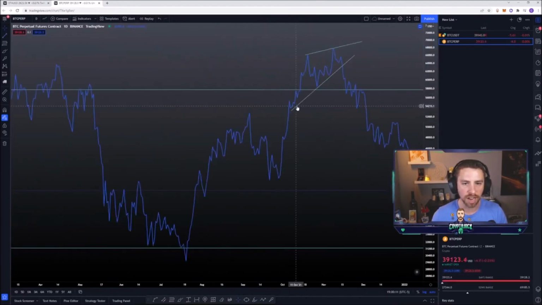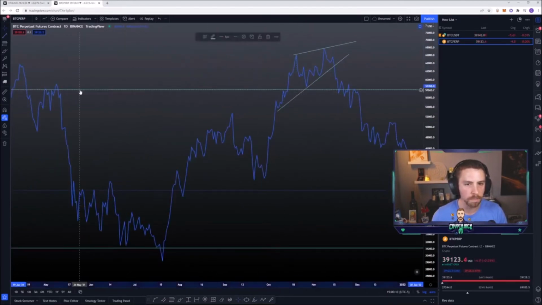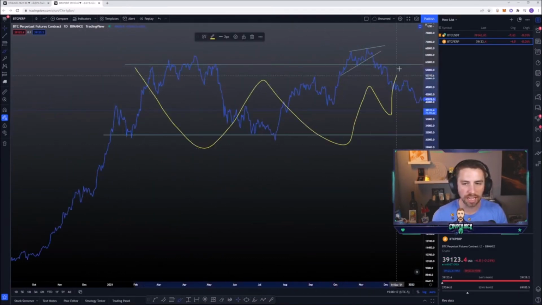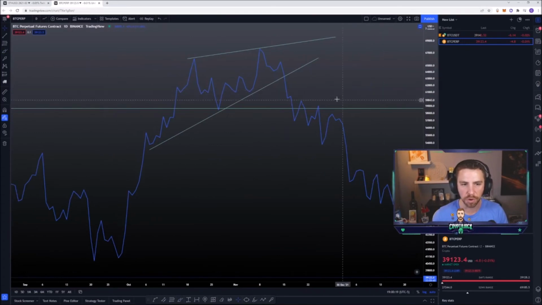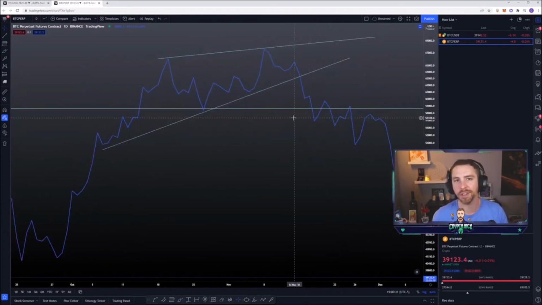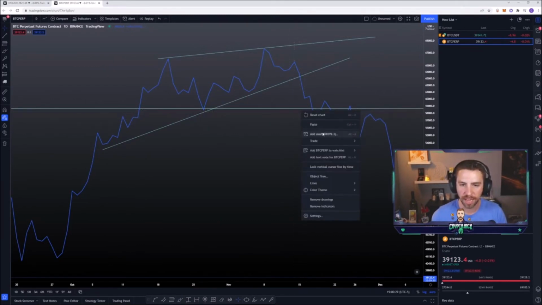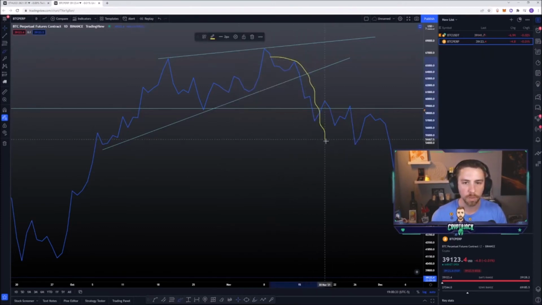And one of the things I wanted to know is if price came back inside the larger trade range. I need to know that. I need to not miss that move, whether I'm on vacation, traveling, whatever, maybe I'm in the hospital because I got in a bicycle wreck or something. I need to be able to do right click on the chart, let's say 58,000, and add alert. I want to get an alert if price fell back down.